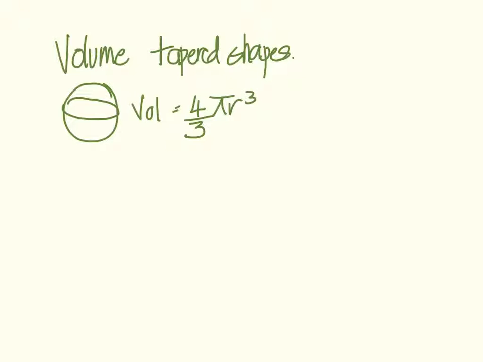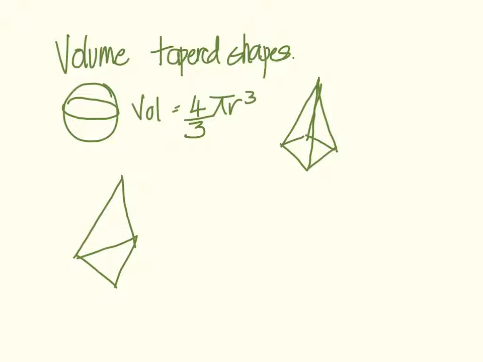Okay, and then for a tapered shape, whether it is a square-based pyramid or whether it is a triangular based pyramid or whether it's a cone, all of which are very, very difficult to draw particularly nicely on this.